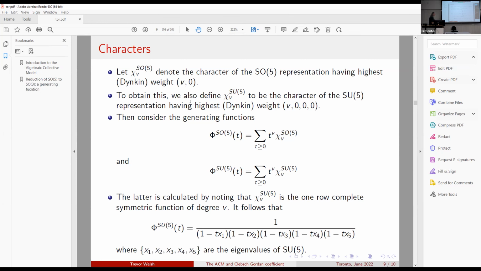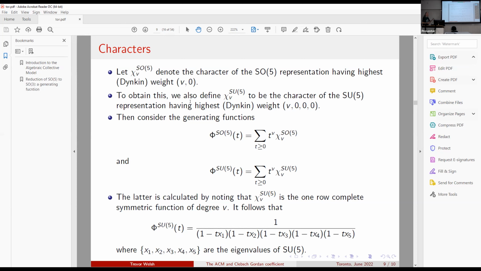In this case, these are symmetric functions corresponding to one-row partitions of degree v. So it follows that we can write down this expression. If you think about it, every t to the power of v will pick up v values from x1 up to x5.